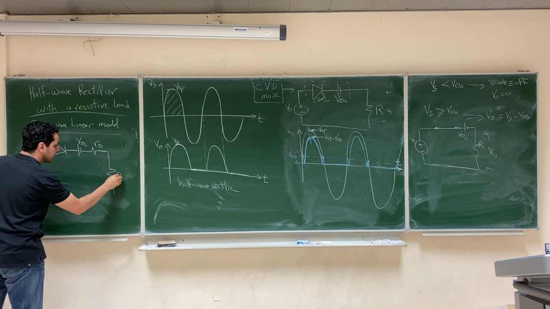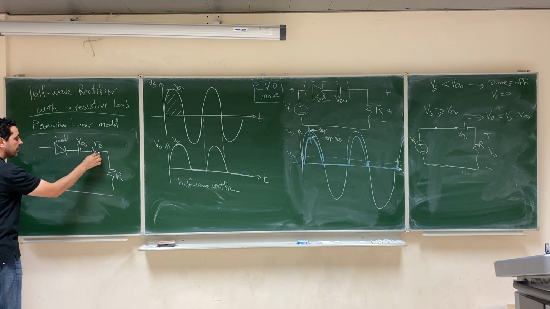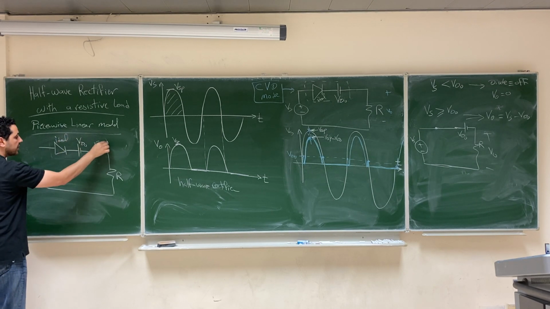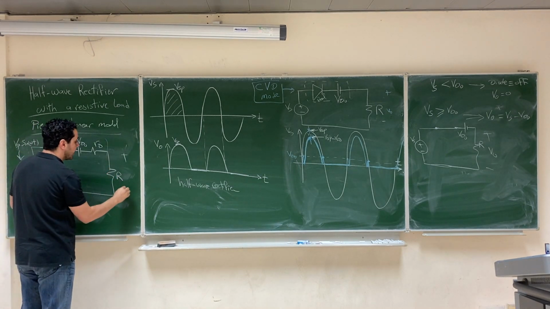And here this is our load, this is an ideal diode. All this is the model of our diode, right? And here we have our secondary voltage, which is a sinusoidal wave, Vs peak multiplied by sine omega t, and V output is here.